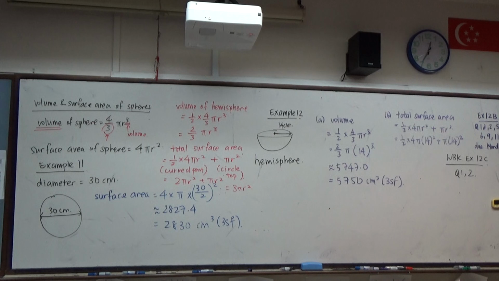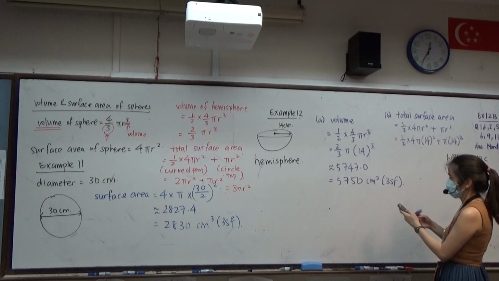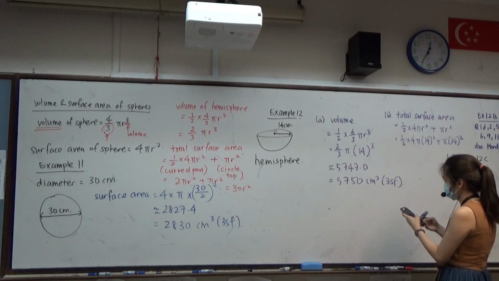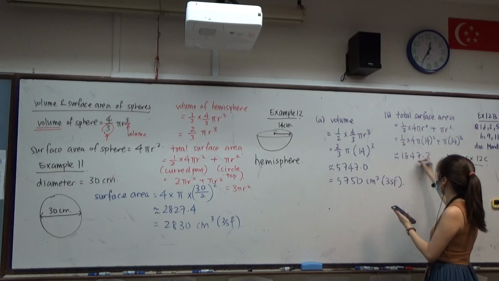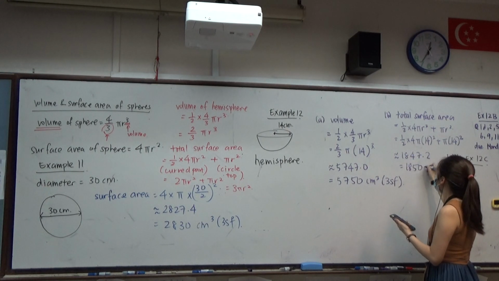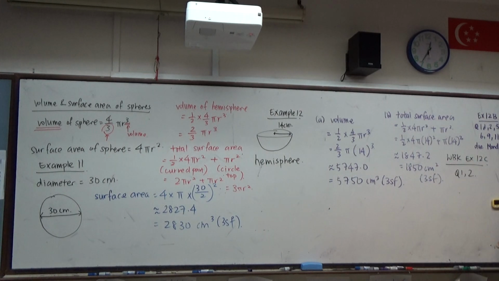You will get about 1850 to 3SF. So 1850 cm squared to 3SF.